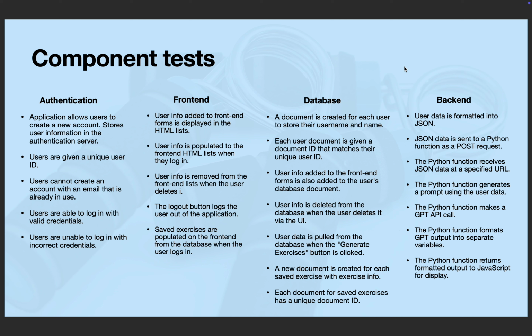And then the back end was all of the communication between the JavaScript and the Python, and then the hosted Python functions talking to the OpenAI API. I broke that down into chunks of making sure I could figure out how JavaScript, using a fetch request and post, could send information to Python, kind of check that box, making sure the communication was there, then sent actual example user data, then broke it down into generating a prompt, filling in the prompt with the user data.